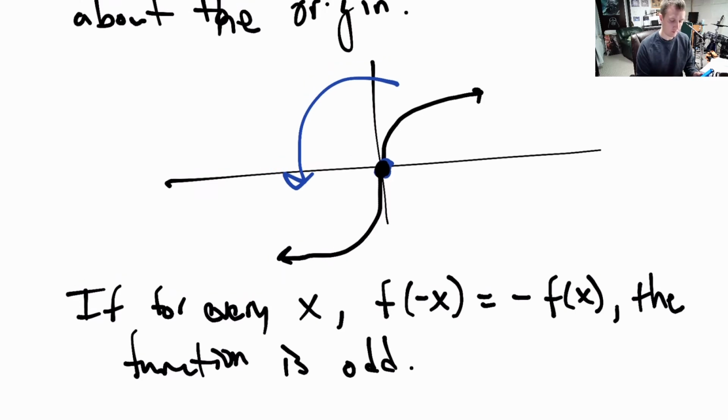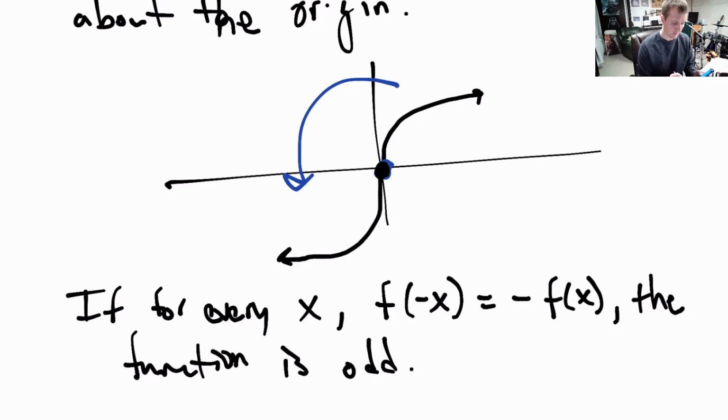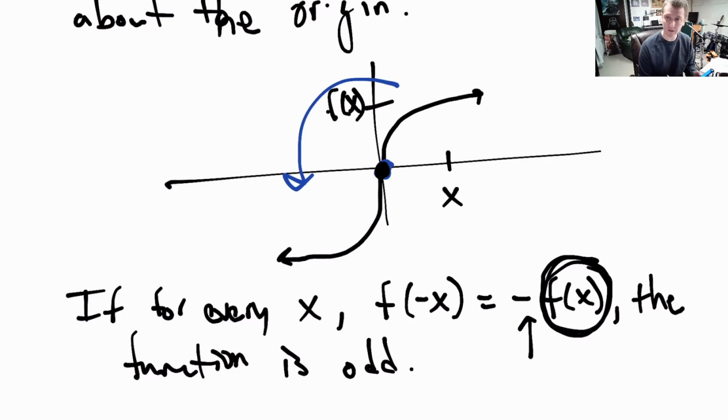Okay. So what are we saying here? We're saying the opposite height. Right? So I plug in an x, and I get f of x. So that's this description right here that I just circled. We plug in an x and we get an f of x. If the opposite of that, so we take this height and we take the opposite of it, so this is negative f of x.